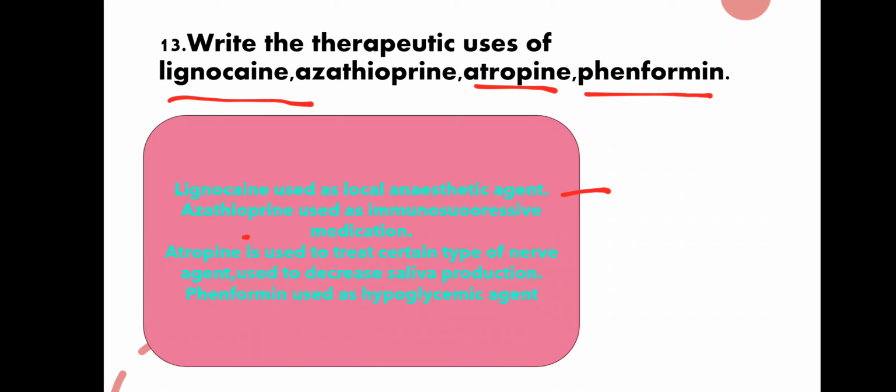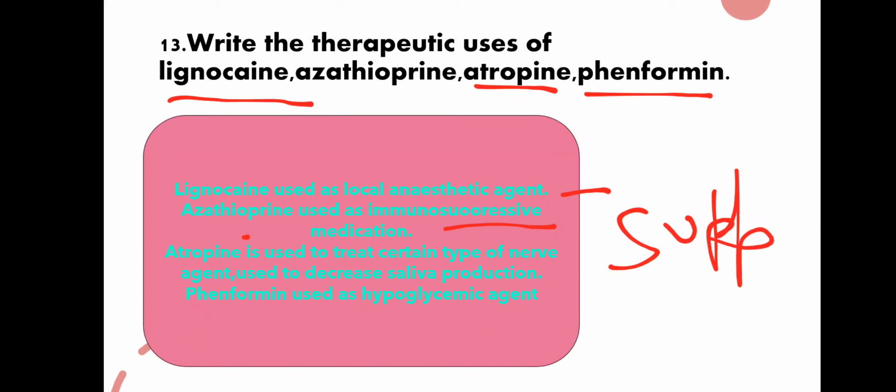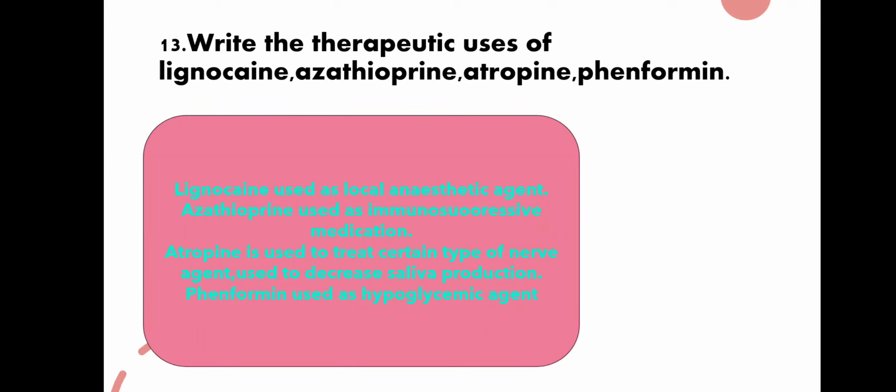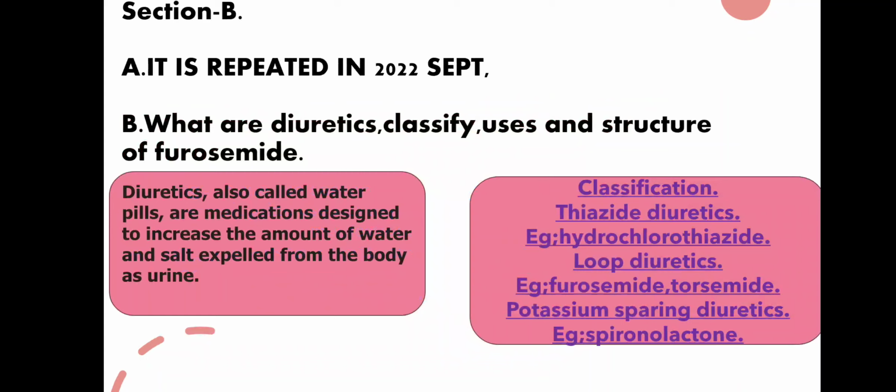Azathioprine is used as an immunosuppressive, which suppresses the excited immunity, used in rheumatoid arthritis and many other conditions. Atropine is used to treat certain nerve agent poisoning and to decrease saliva production.